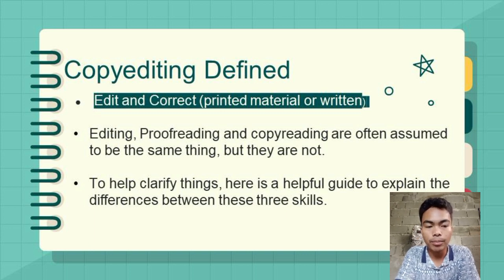Editing, proofreading, copy reading, and copy editing are often assumed to be the same, but they are not. Copy editing is the process of reviewing and correcting written material to improve its accuracy, clarity, readability, and overall quality.